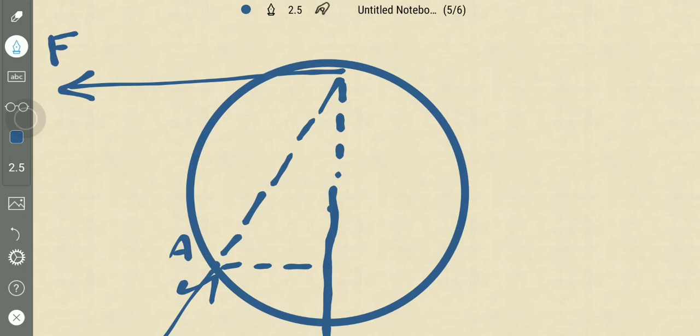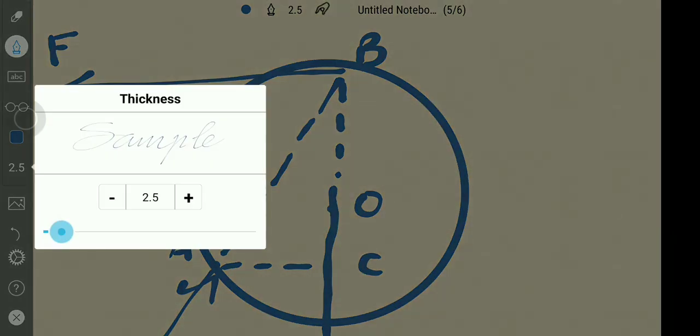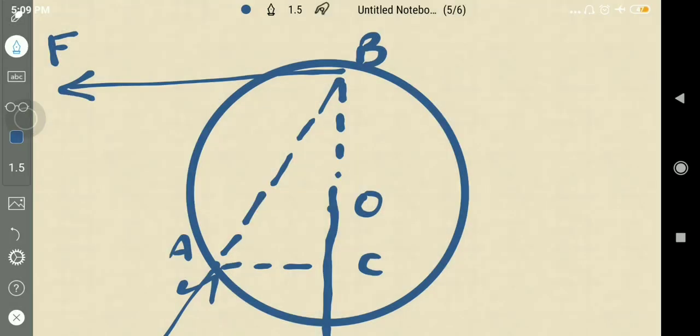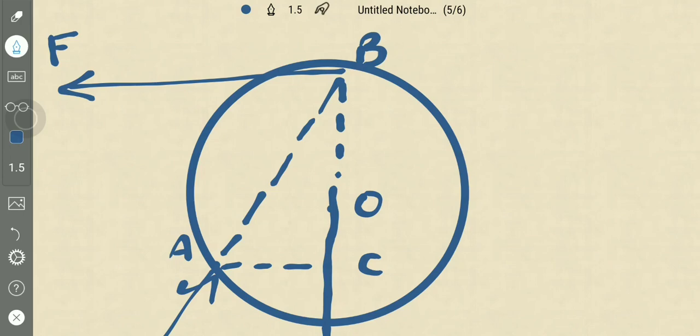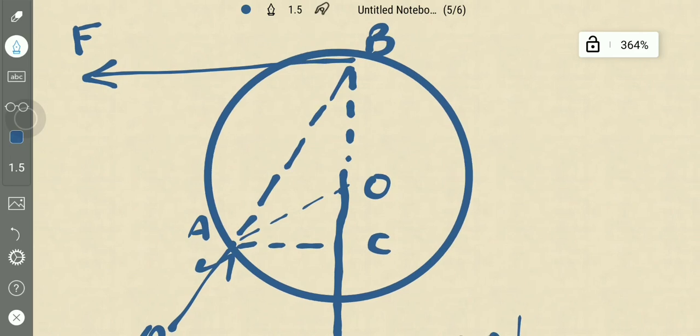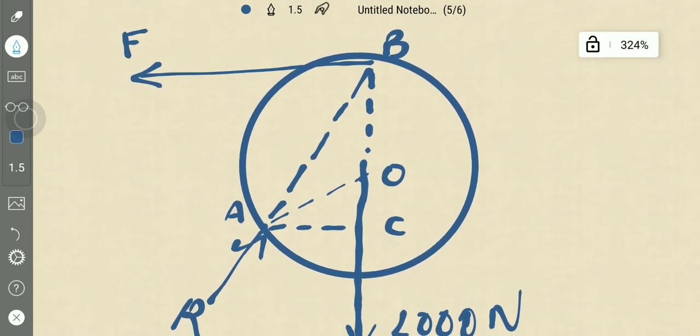This is point A, this is point B, this center is point O, and let us suppose this is point C. And if I draw a line like this, in order to find this problem using Lami's theorem, we need to know this angle.